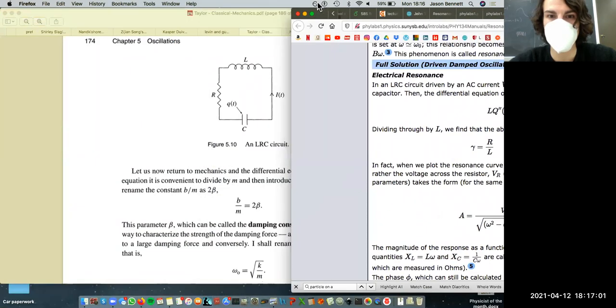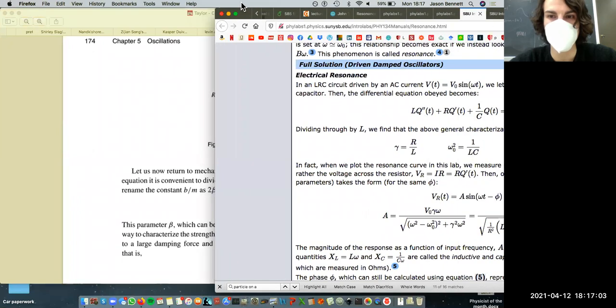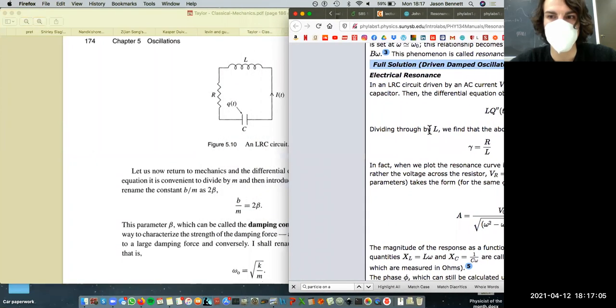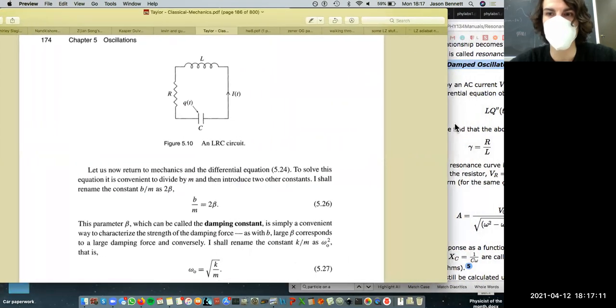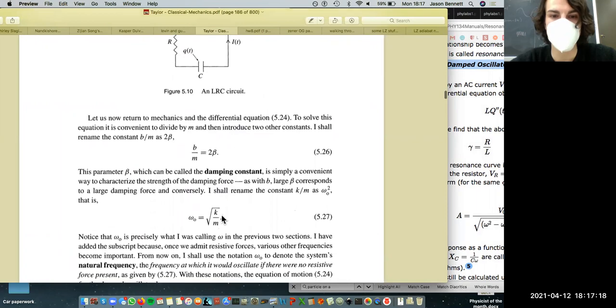If we identify B with R and L with M, our gamma, the damping coefficient or damping constant, they have it here, or you can call it a decay parameter, is exactly this parameter minus the 2. And similarly, the thing that we derived last week for the inductance is exactly the same as the frequency of the harmonic oscillator, where it's the square root of k over m.